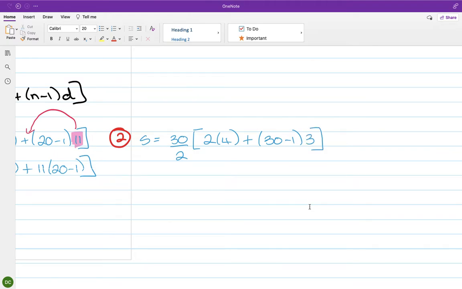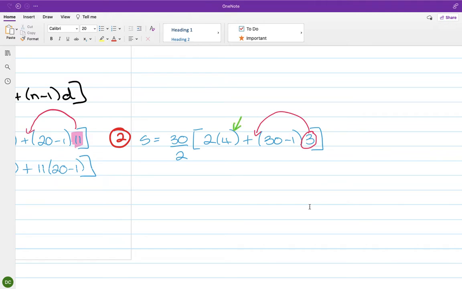Okay, and again, when you're typing it in, put this 3 at the front here, just for the typing part. So I have 30 over 2, open bracket 2, open bracket 4, close bracket, plus open bracket 3. Oh no, sorry, I did that wrong. Okay, so I'm here.